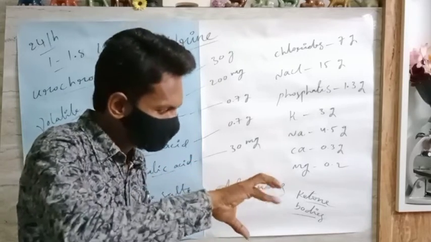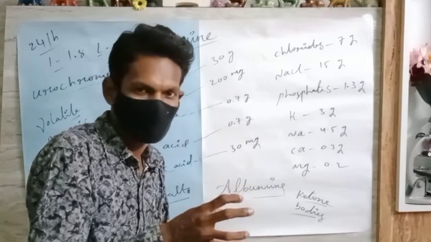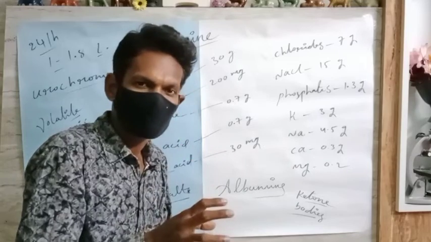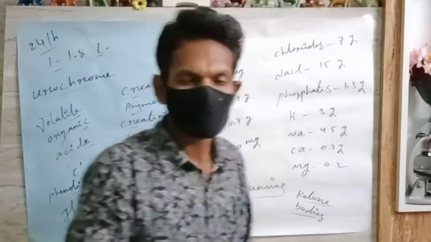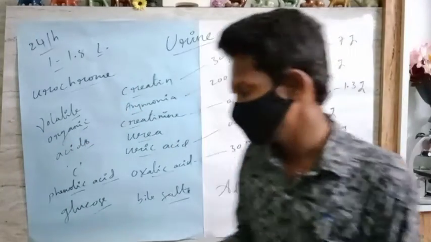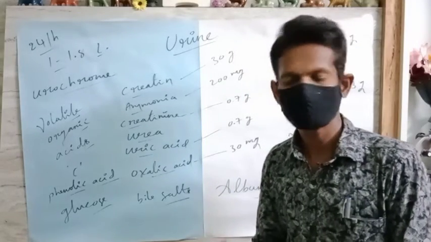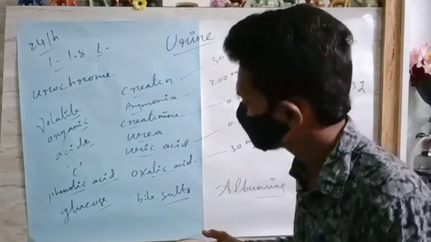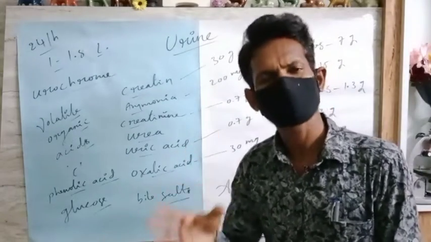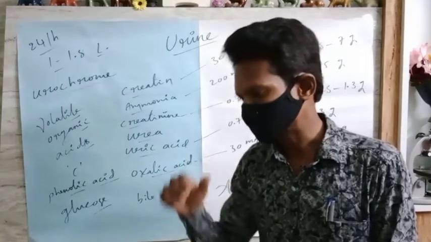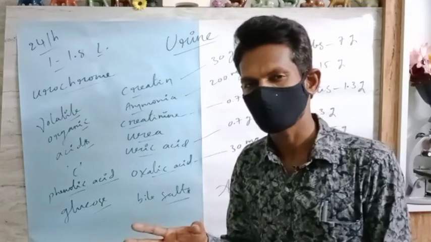In case the urinary bladder is filled, minimum range is 300 ml to 400 ml, maximum range 800 ml, then that pressure may work on the ureters and renal pyramids, and finally it leads to disturbance of the functioning of the kidneys, or it may lead to the formation of kidney stones in the nephrons. So we must empty the urinary bladder. We must pass out the urine before going to bed or sleep.